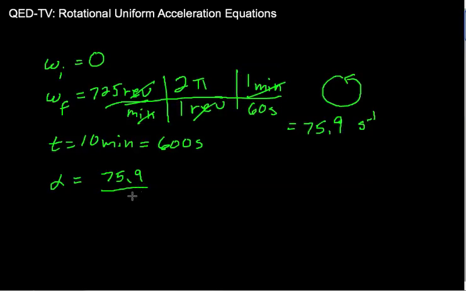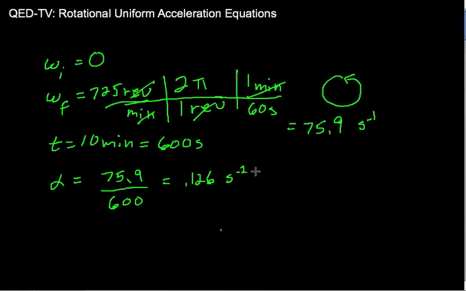And you divide that by the time, which is 600. So our angular acceleration is going to be 0.126 radians per second squared, or s to the minus 2. So that's how I can figure out my angular acceleration.